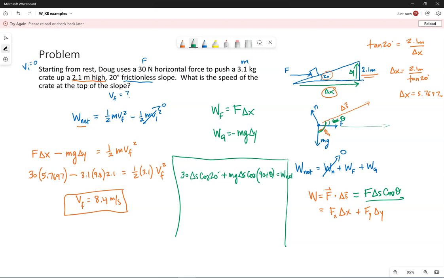This is what the net work would equal. So we would need to figure out delta S, meaning the length of the incline, which we totally can if we know the height of the incline and the angle, and we want the hypotenuse. We can say that the sine of 20 is the opposite side over the hypotenuse. So we could find delta S that way.